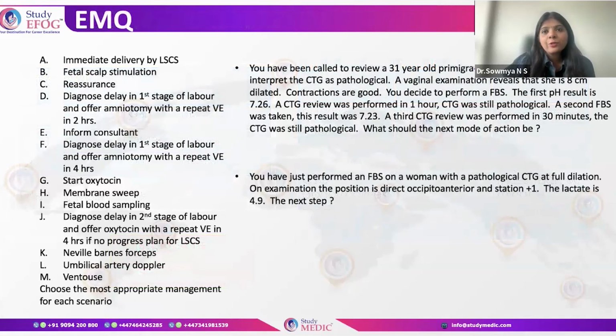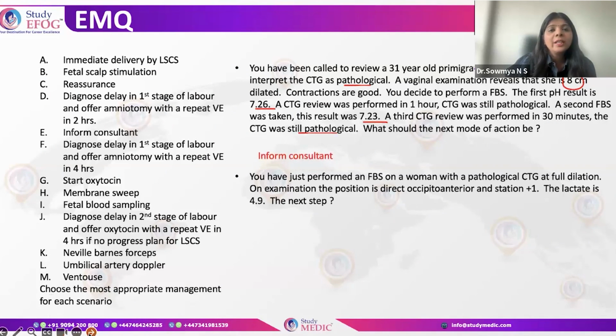And a couple of questions based on the FBS levels. A 31-year-old primigravida, you interpret the CTG as pathological. She's 8 centimeters dilated. The first pH result is 7.26. Then after 1 hour, the second FBS was done, 7.23. A third CTG review was performed in 30 minutes. The CTG was still pathological.